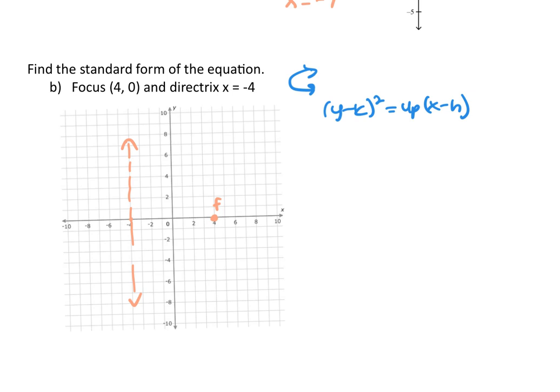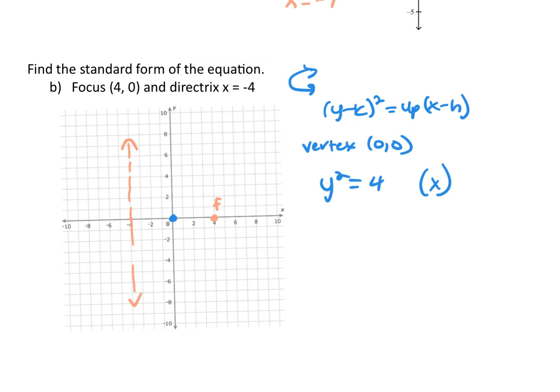Where is the vertex? 0, 0. I have to find the point halfway between those two. I can use the midpoint formula, pick a point on the directrix and find the midpoint, or with graph paper you could literally count. So my vertex is 0, 0, which means it's y squared equals, I'm going to plug in the p in a second, times x.